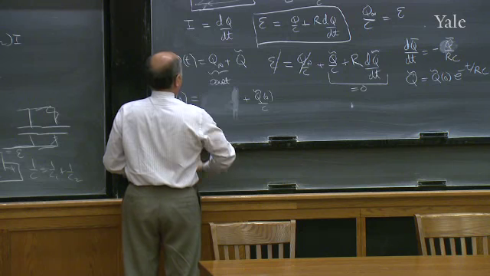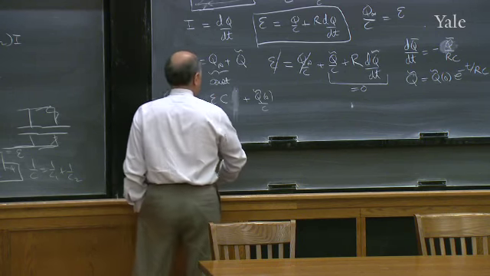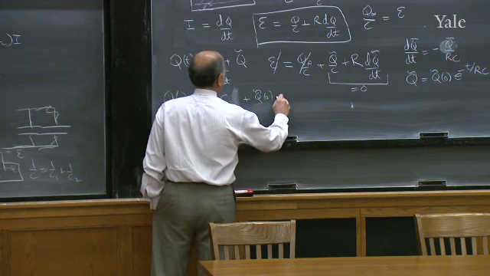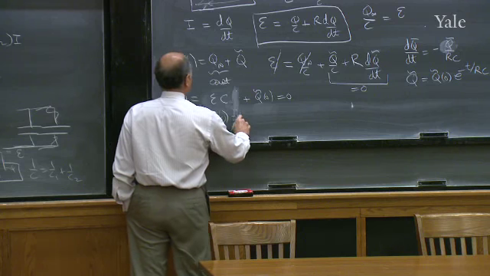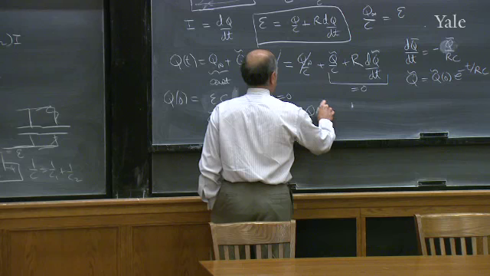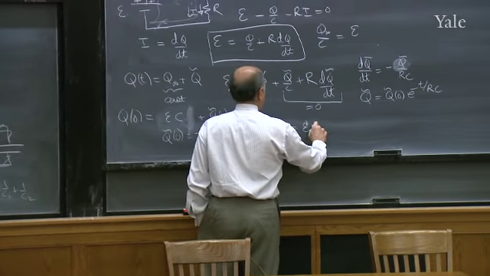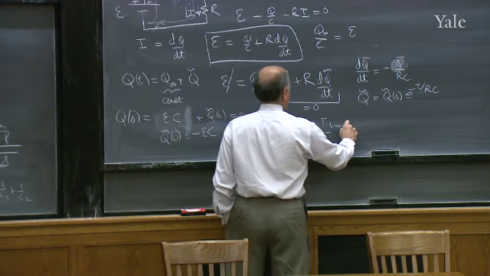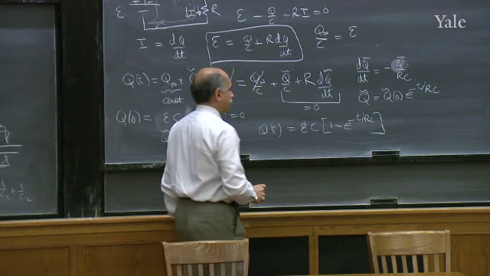Yes, Q infinity is equal to EC plus Q twiddle of 0, and that's got to be 0. Therefore, Q twiddle of 0 is equal to minus EC. That means Q of t is equal to Q infinity plus Q twiddle, which becomes EC times (1 minus e to the minus t over RC).